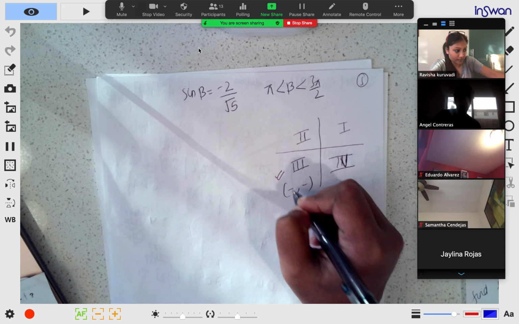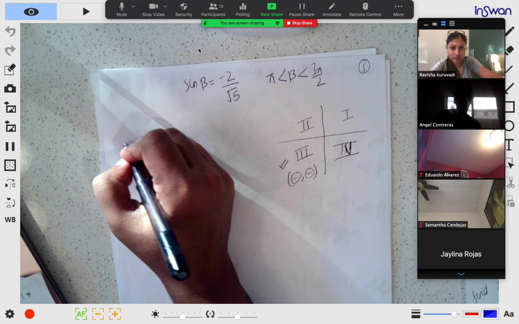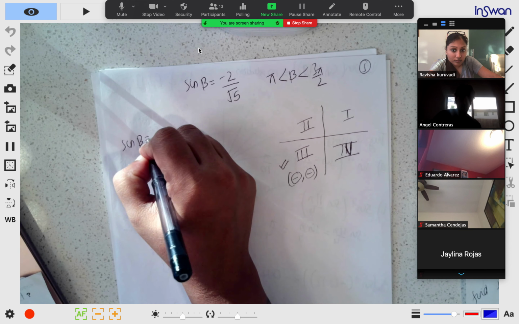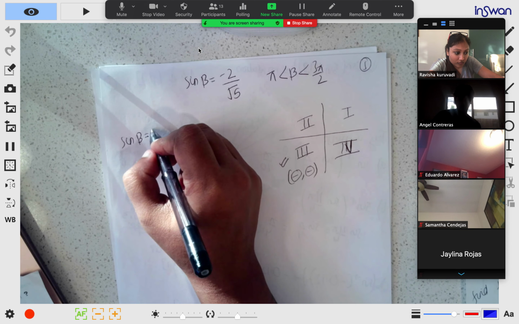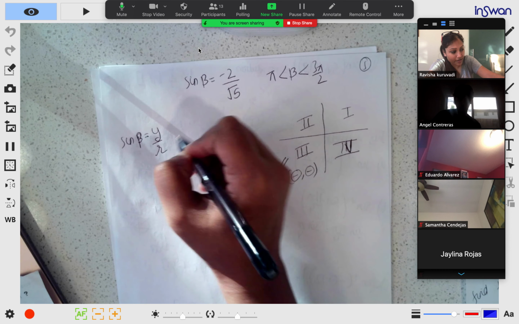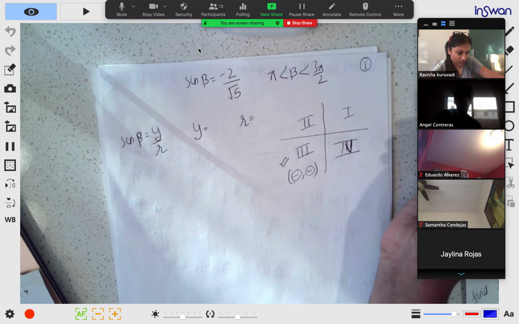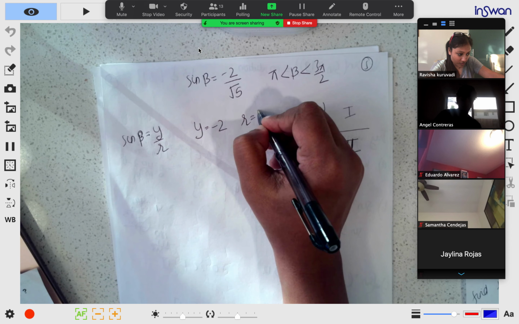Okay. Let's see. What's the formula for sine? Sine is y over r. So from this formula, if you compare, what's your y and what's your r? Y is equal to -2 and r is square root of 5. What's the general formula?